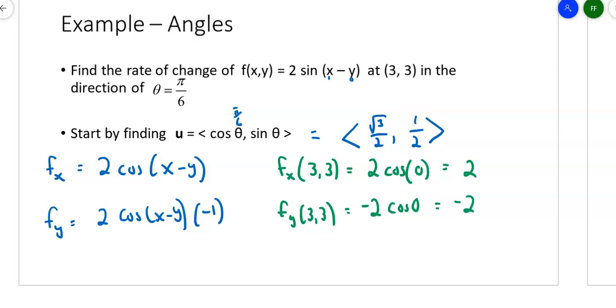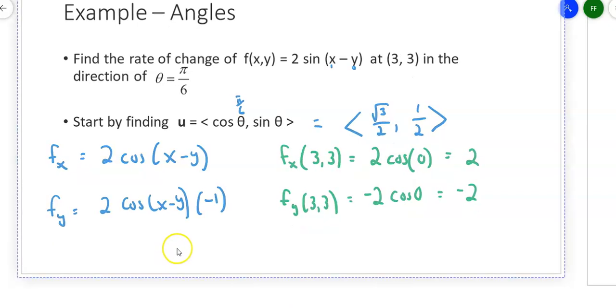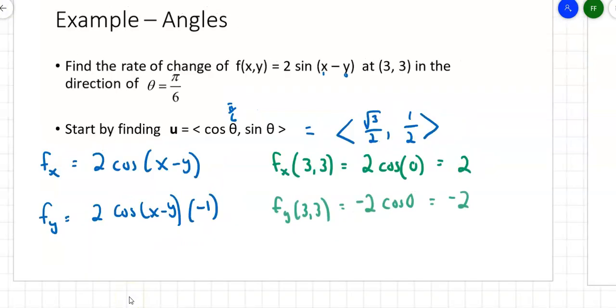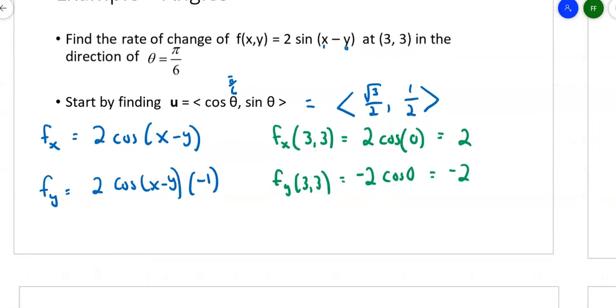Okay, what I'm left with at this point is just that dot product. So I can take the dot product of 2, negative 2 dot the direction vector, root 3 over 2, 1/2.